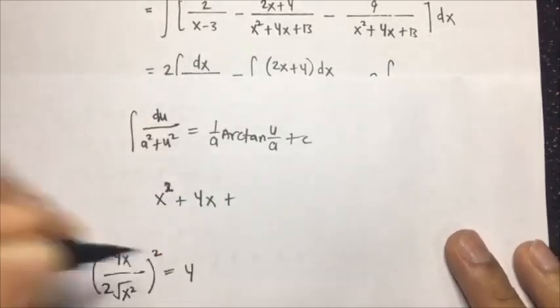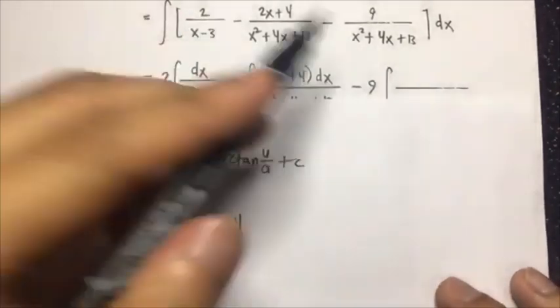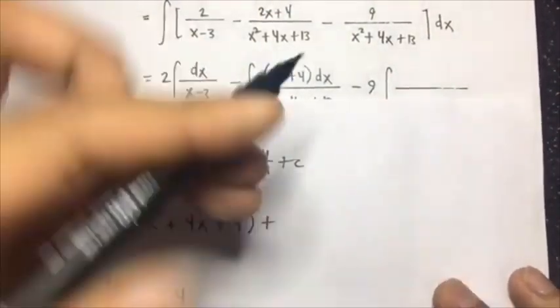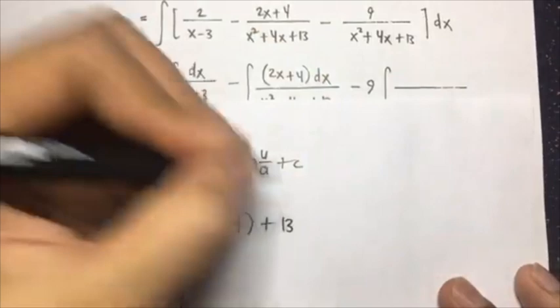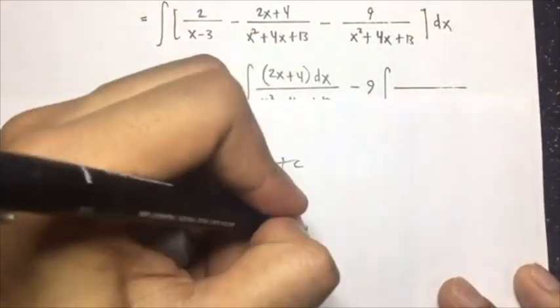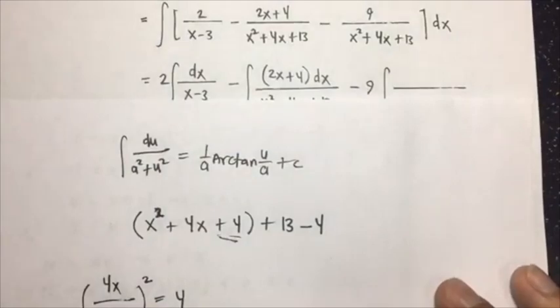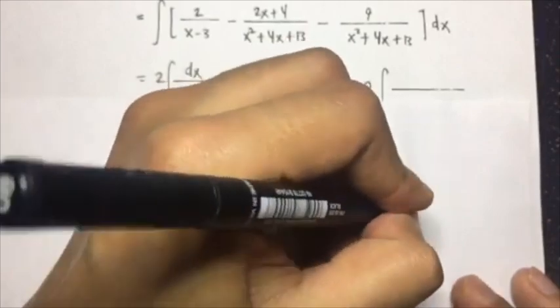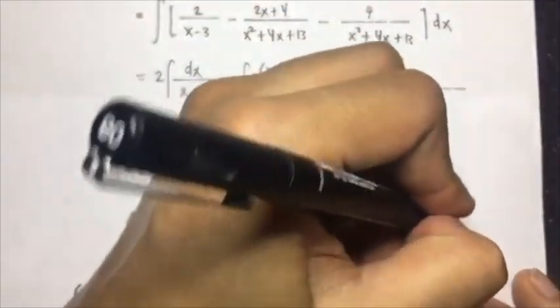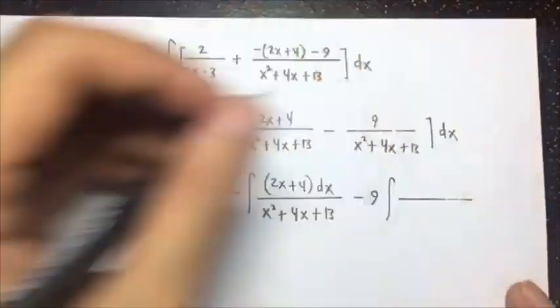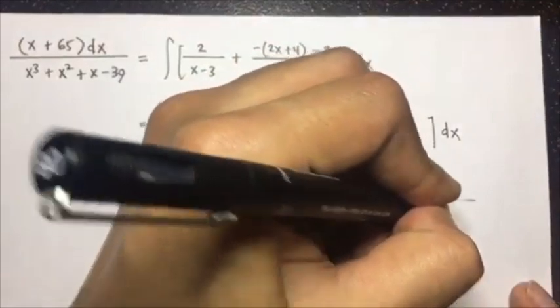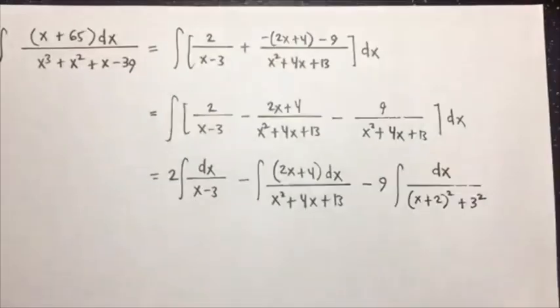So therefore the last term is 4. So plus 4 and then plus, we have 13. And since you added 4 in here, so therefore we must also subtract 4. Okay, so this will now become x plus 2 squared plus 9, or 9 is 3 squared. So therefore this can be written as x plus 2 squared plus 3 squared dx.